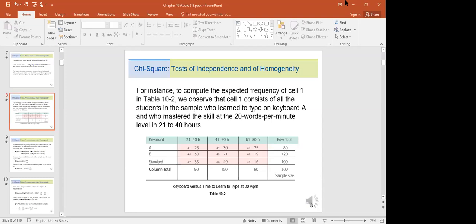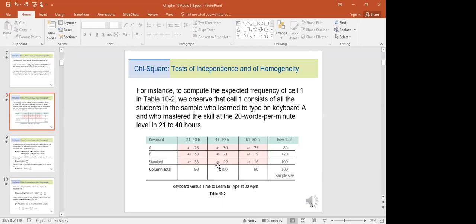If there was independence between keyboard and the time for learning, then this 25 would have been 80 times 90 over 300. Can you do 80 times 90 divided by 300? I got 24. Yeah, that's what I got too. So now we can see that they are not the same, almost the same, but not exactly the same, right?